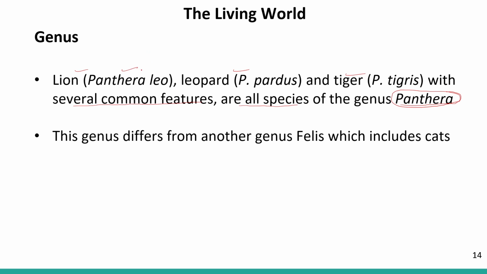But one genus is different from another genus. So Panthera is one genus and another genus is Felis. Felis is your domestic cat, Felis catus. So this Panthera genus differs from the other genus Felis, which includes cats.